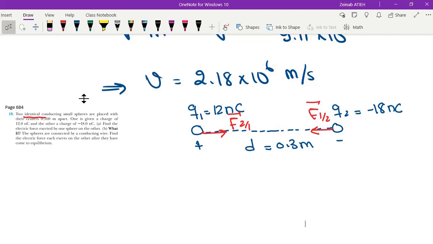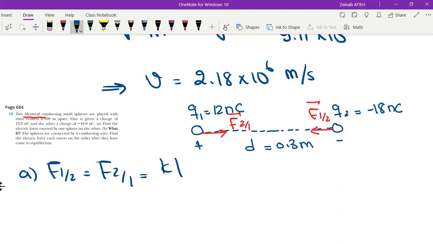Now here he tells us there is no contact or anything. Everyone is alone and they are separated by a distance d, which is 0.3 meter. Q1 is positive, Q2 is negative, as you can see. So he's asking me to find the electric force exerted by one sphere on the other. So he's asking me to find F1 on 2 or F2 on 1. Both of them are the same. F2 on 1 is equal to K Q1 Q2 over the distance between them squared.